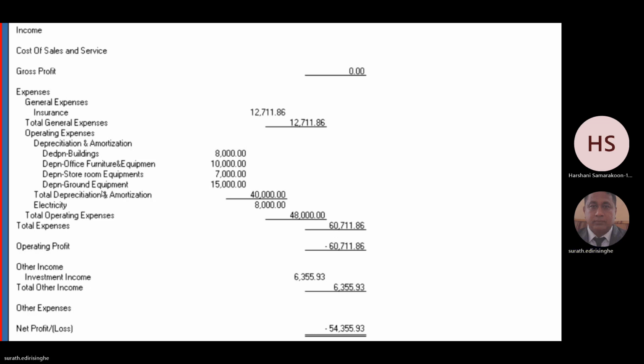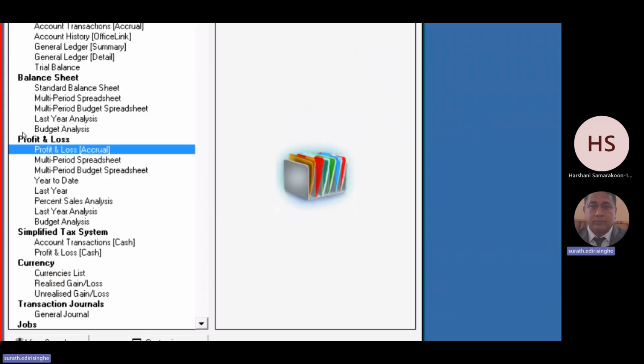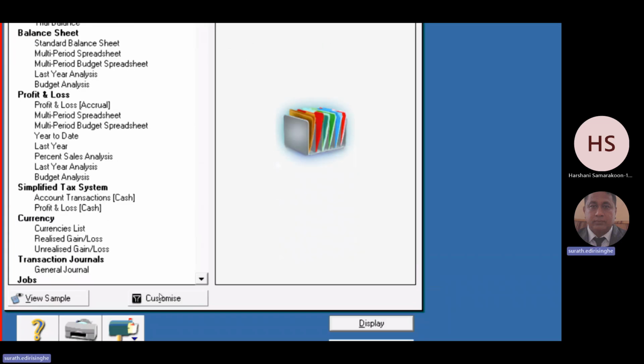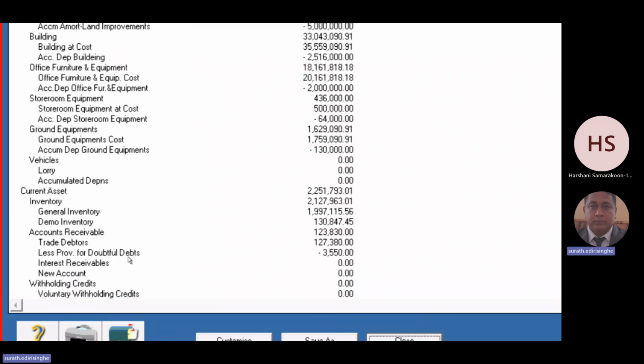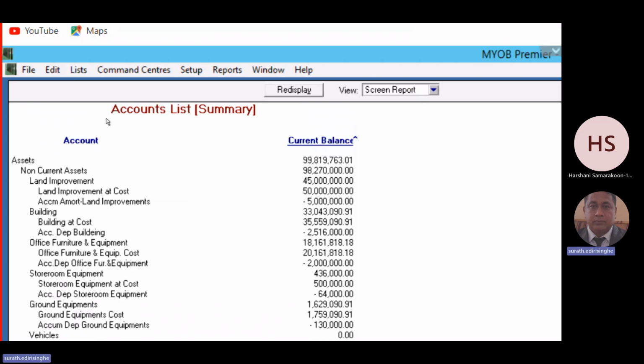Now I have finished the entire syllabus. Other reporting sections you have to study from here. Look at here. Account list summary. Lot of details are there. Look at here. Now update all. You can filter this detail.